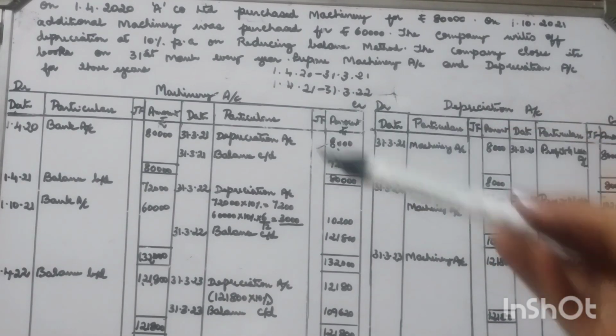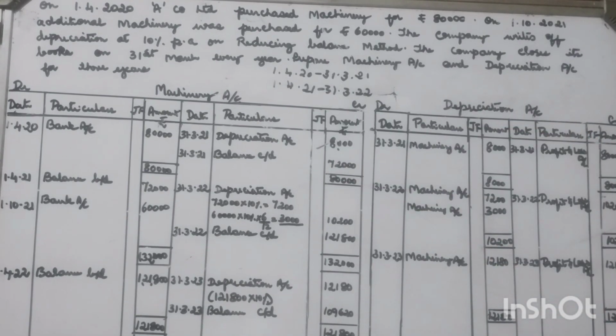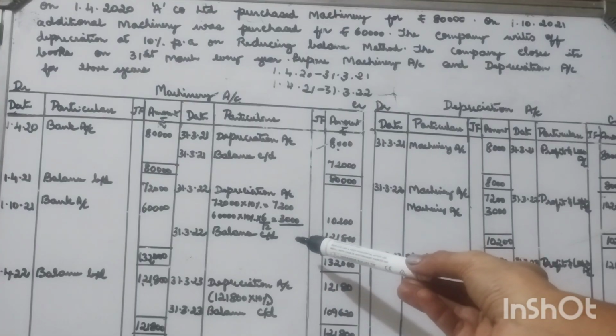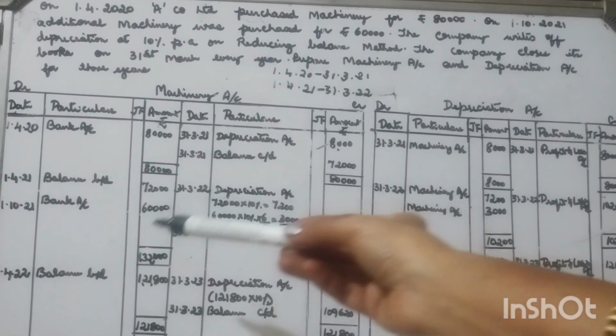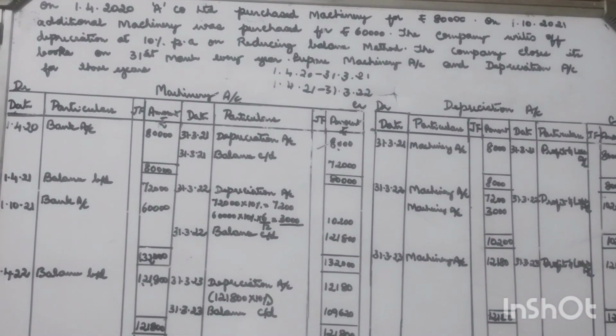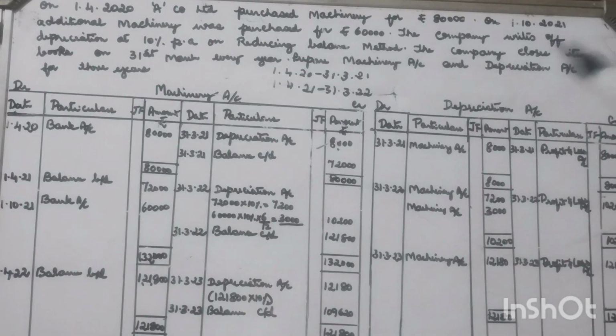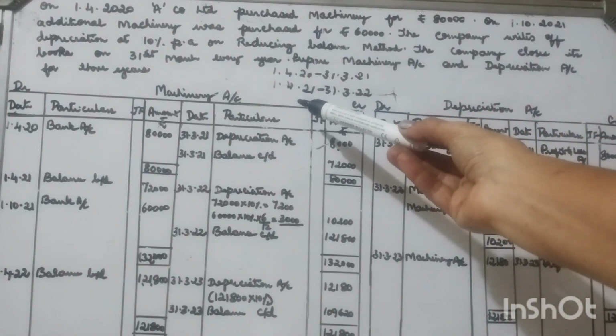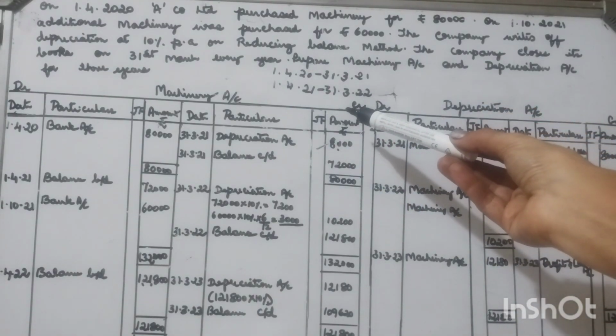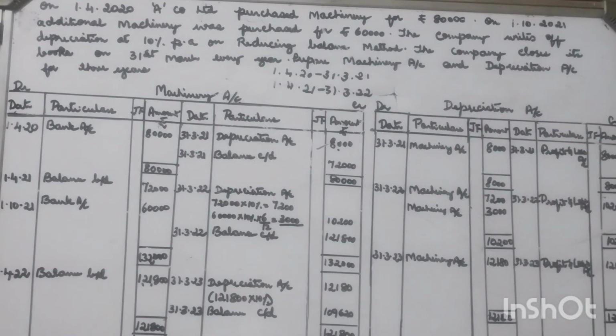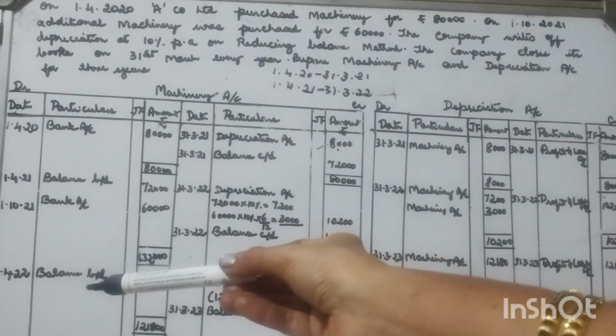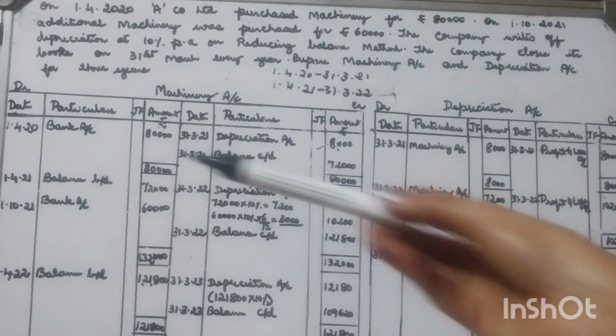Now we need to prepare the machinery account for the third year. This closing balance has to be brought as the opening balance for the third year. The third year begins from 1/4/2022 and ends on 31/3/2023. So write 1/4/2022 balance brought down.